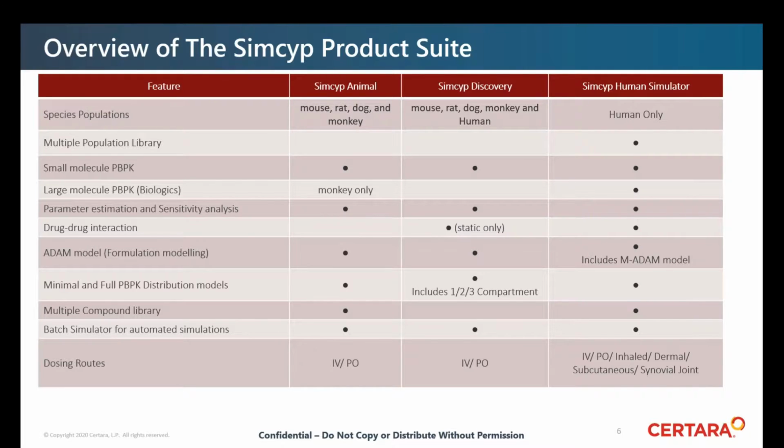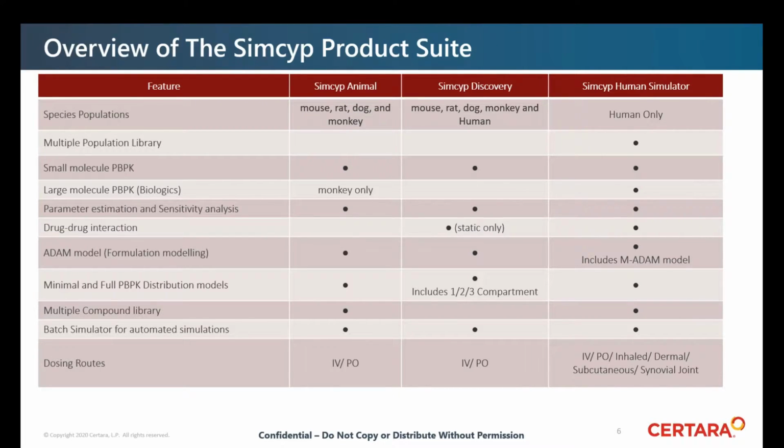But for large molecule, that would fall under the domain of the Simcyp Human Simulator. You have the ability to estimate parameters, and we have included a static DDI calculator to allow users to make an early assessment of potential drug-drug interaction risk. And we'll talk a little bit about that in more detail later.